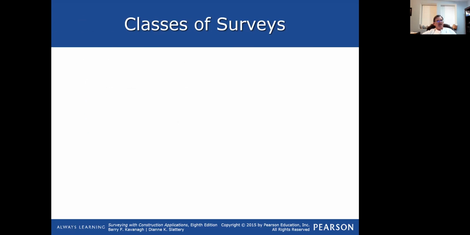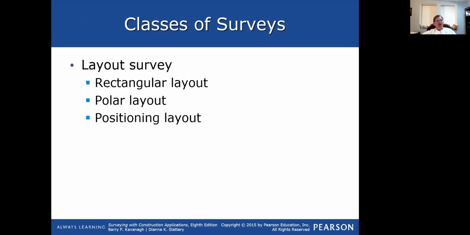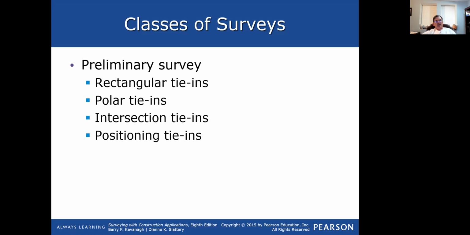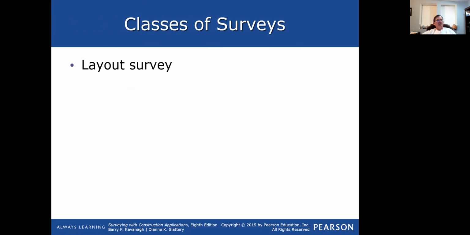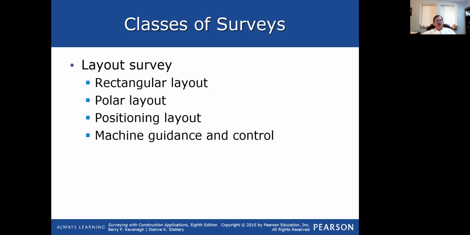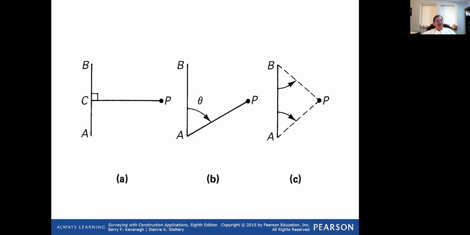They're also called polar layout and positioning layout. Those are ways to set a point or stake a point. A layout survey is what we do when we tell somebody where to put something, versus going back. The preliminary survey is where you're gathering information. But the two main ways of doing things are polar or by positioning.